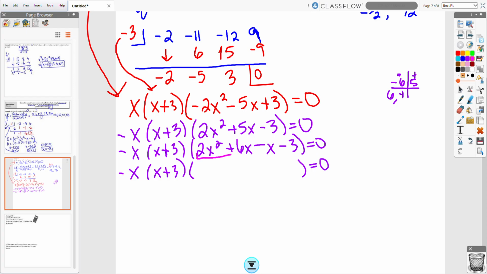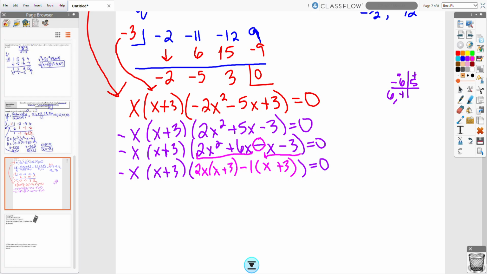If we group the first two terms, our GCF there is going to be 2x. So when I divide that out, you get x plus 3. Then the middle symbol goes next, so it's going to be a minus this time. And then the GCF of -x minus 3 is just going to be 1. And if you notice, it's a -1 that we're factoring out, not just a 1. So -x divided by -1 is +x, and then -3 divided by -1 is a +3.